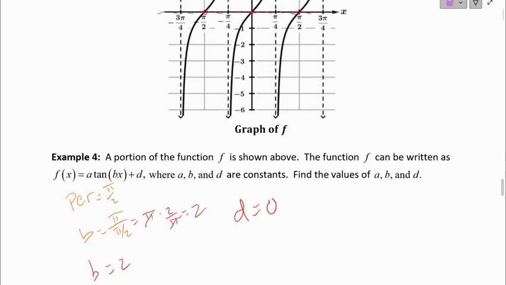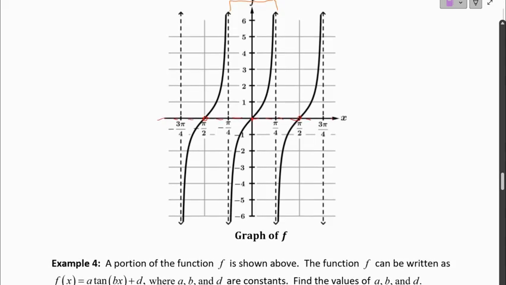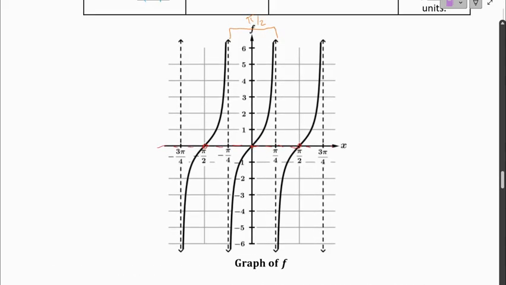All right, so now let's talk about our a value. What you actually have to do is go from the center to the vertical asymptote and go right in the middle. In this case, it's not actually marked, but we can estimate it, and you could go from the left or the right, and it could be any center point. You'll notice these points right here are pretty much in the middle of the center and the vertical asymptote.